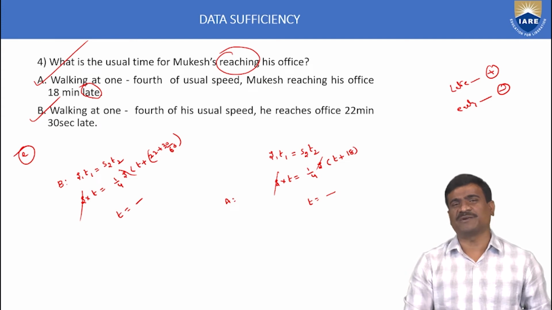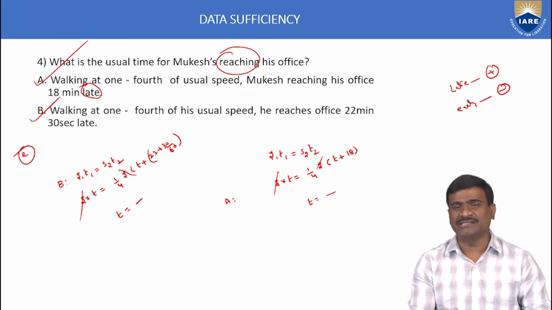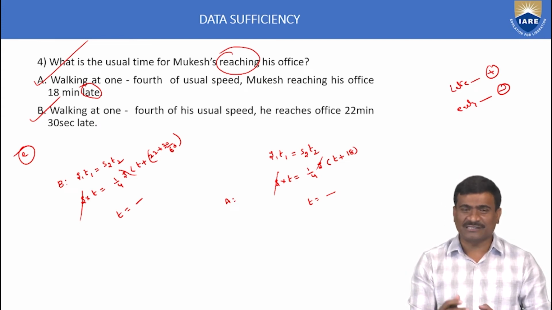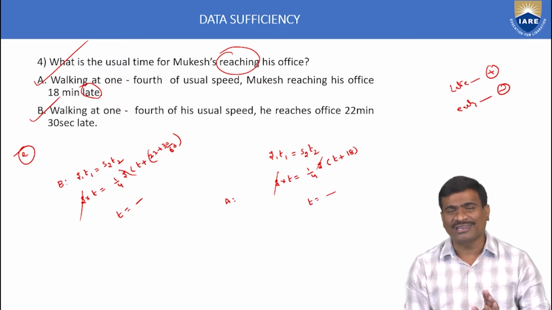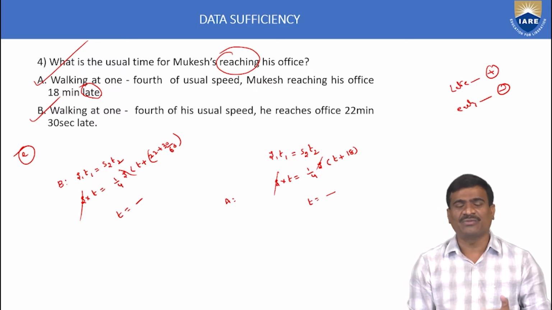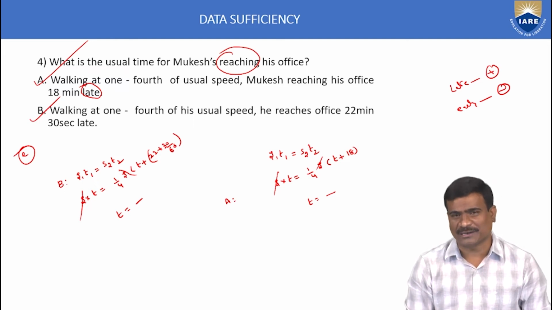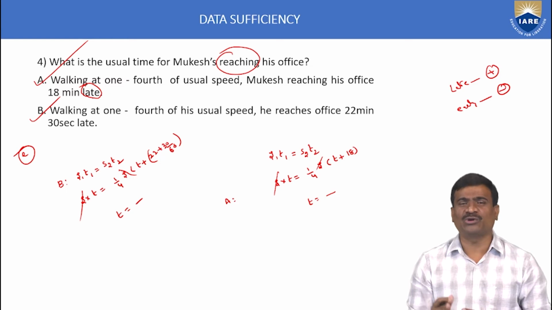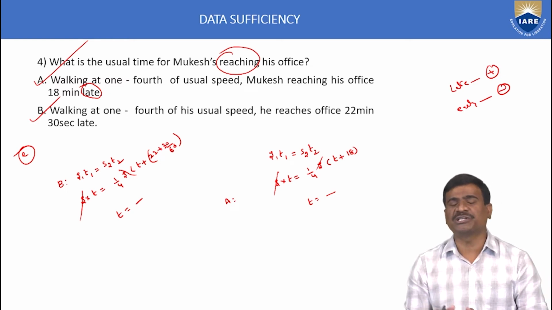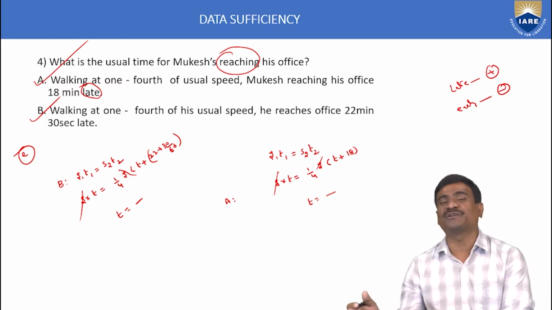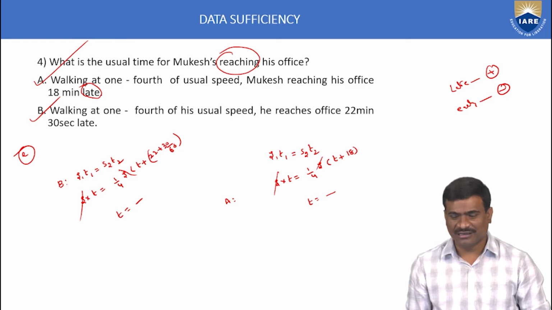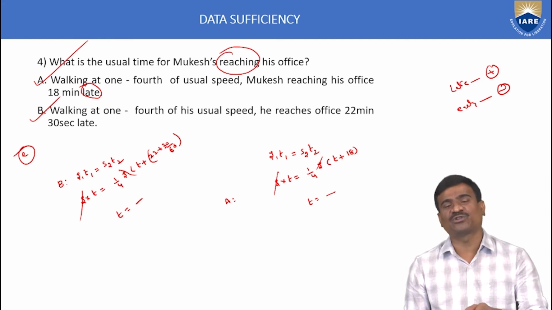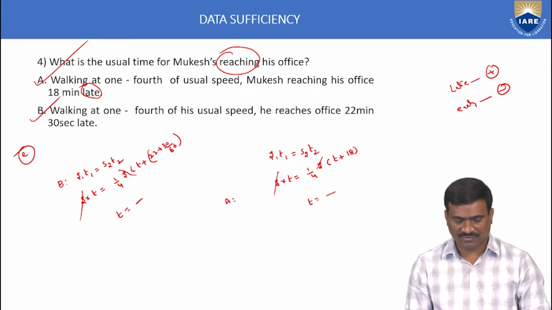Late indicates the plus operator, early indicates the minus operator. Just substitute the second time condition, one equation, one unknown, and calculate only the usual time. That is the answer to the given question. Therefore, A alone is sufficient, B alone is sufficient, so option E indicates either of the statements. This is about the fourth example concept.